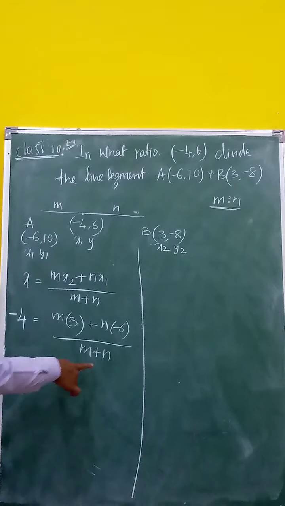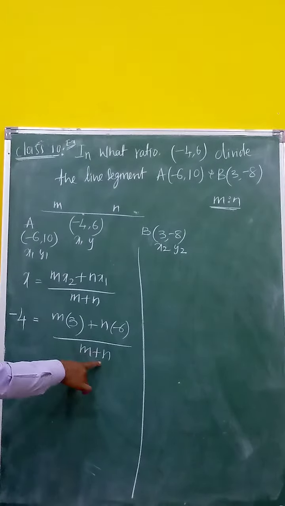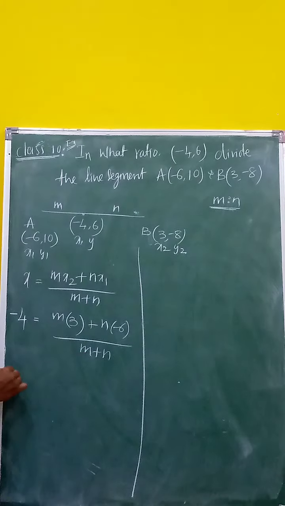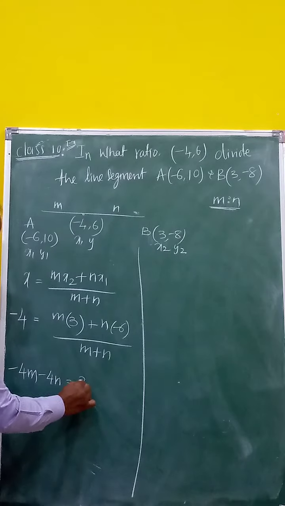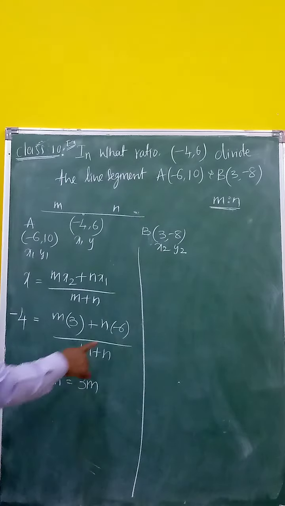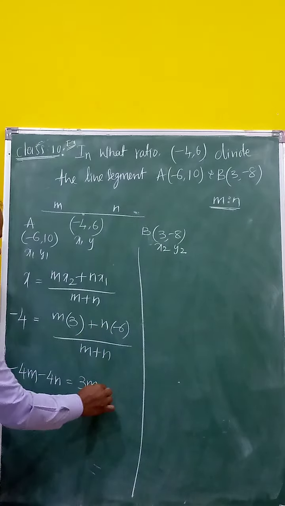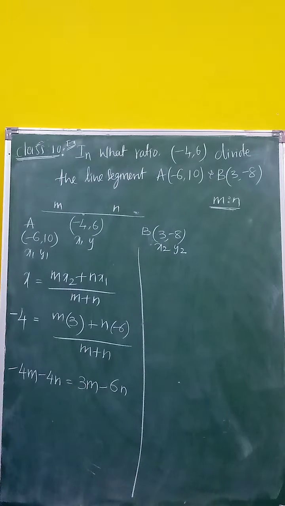Clear? Cross multiply: minus 4 into this whole term, that's minus 4m, and minus 4 into n, that is minus 4n, is equal to, on the right side, 3 into m, 3m. Next, minus 6 into n, minus 6n. One side m and n: one side minus 4m minus 3m.